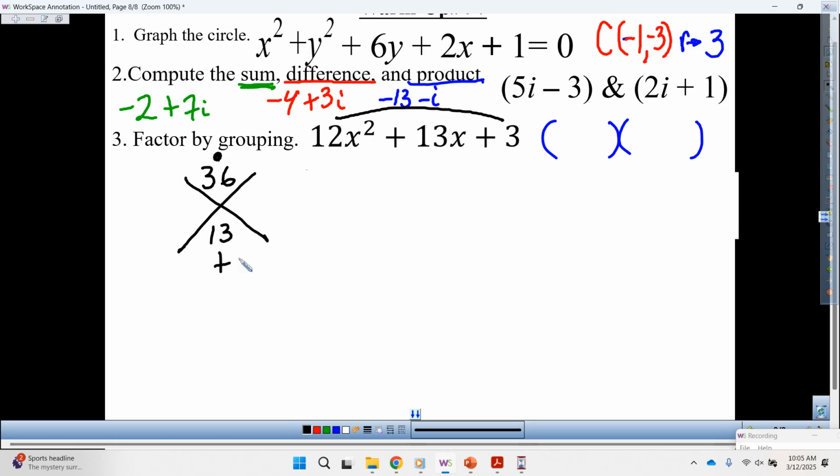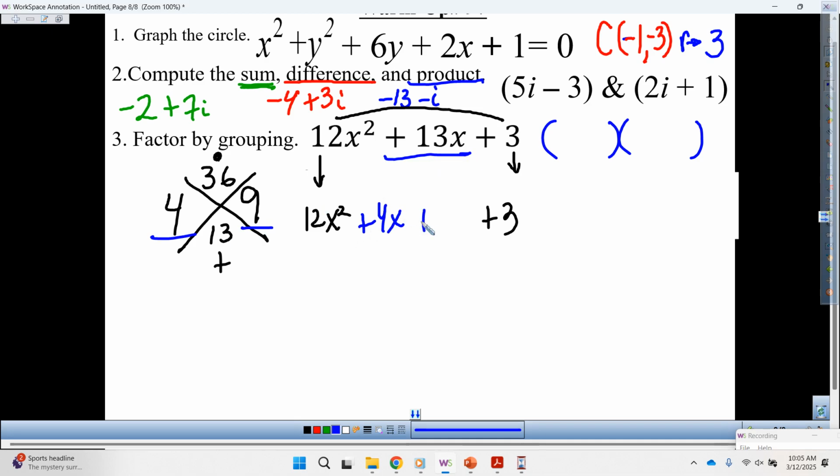What two numbers multiplied give me 36, so that when you add them, give us 13? 4 and what? 4 and 9. Okay. So bring down the first term. Bring down the last term. And then we're going to rewrite 13x, but instead of 13, we're going to write 4x and 9x.